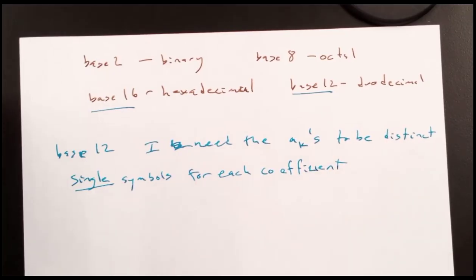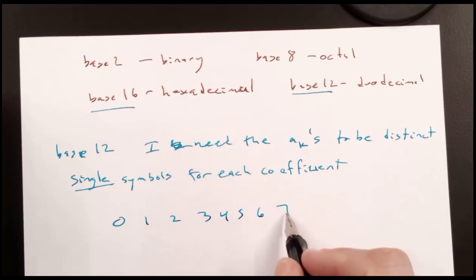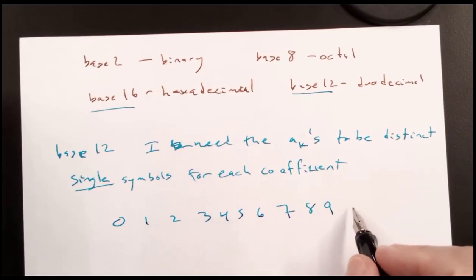So I need to think about the symbols I'm going to use. If I'm in base 12, I need 12 symbols. I got 0, 1, 2, 3, 4, 5, 6, 7, 8, 9. I need 2 more symbols. Oh, crap. I can't use 10, 1, 0. That's not a single symbol.